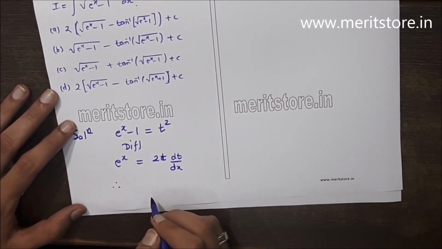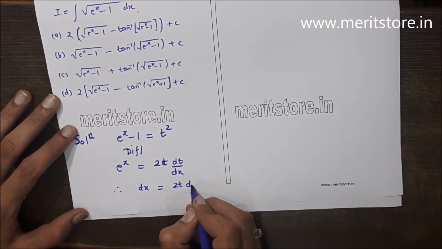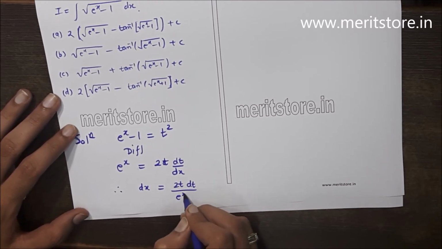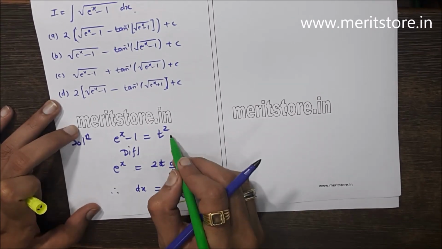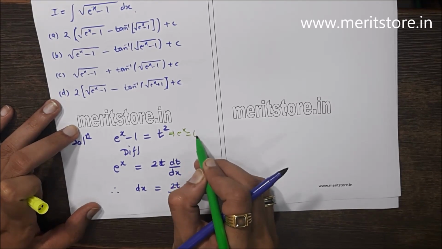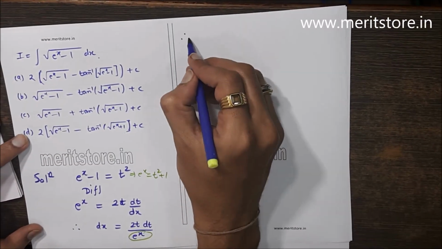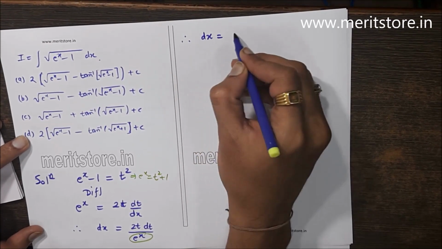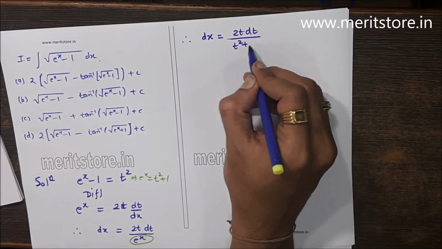and therefore dx is equal to 2t dt upon e raised to x. And please note, this e raised to x, I am going to write it as t square plus 1. Therefore, dx equals 2t dt upon t square plus 1.